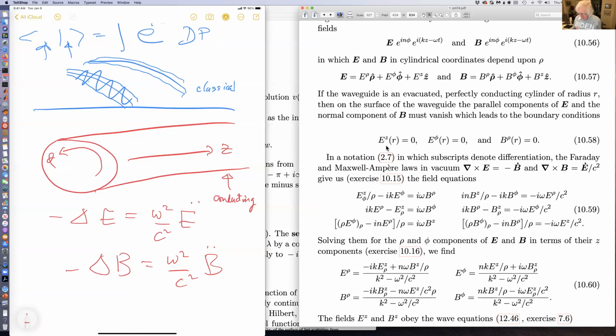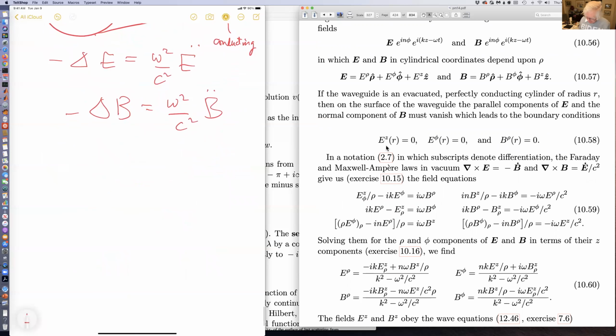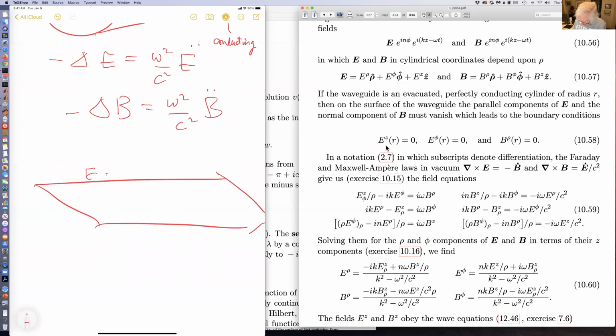Remember that if you have a perfect conductor, then E parallel is equal to 0, and B perpendicular is equal to 0. That's what you learn in classical electrodynamics.